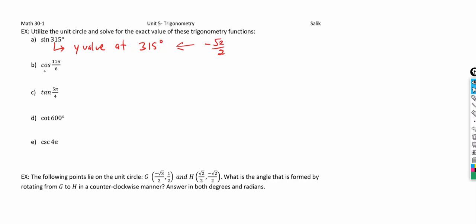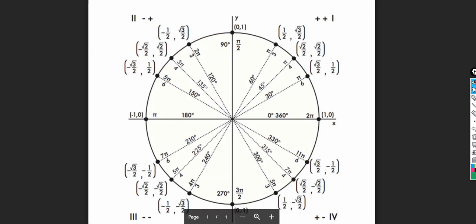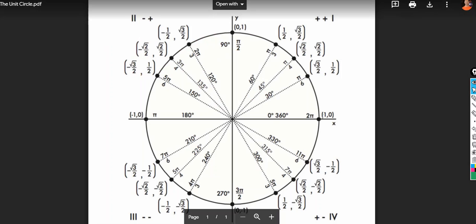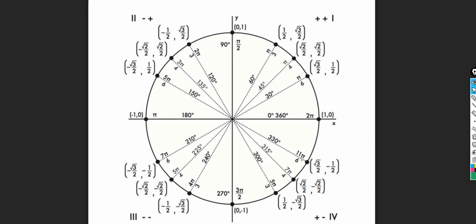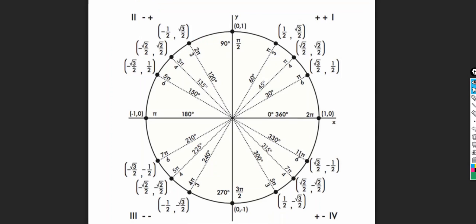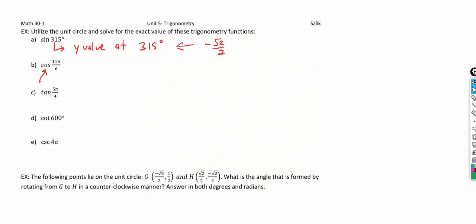Okay, so now let's try this one. Cosine of 11 pi over 6. So 11 pi over 6 was the one that was close, right, to 2 pi. It was the one right here in radians. All right, so cosine is my x value, right? Cosine of the angle is my x value. So this is really root 3 over 2. Here, I'll write the x, give ourselves a reminder again.